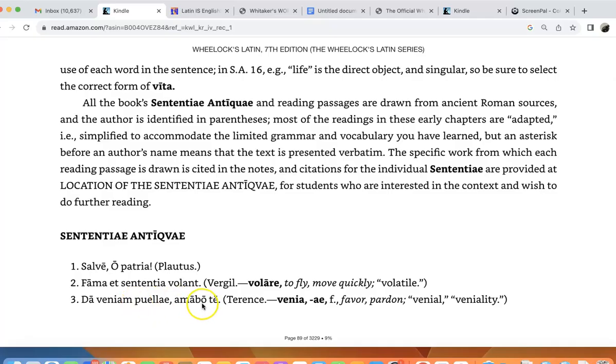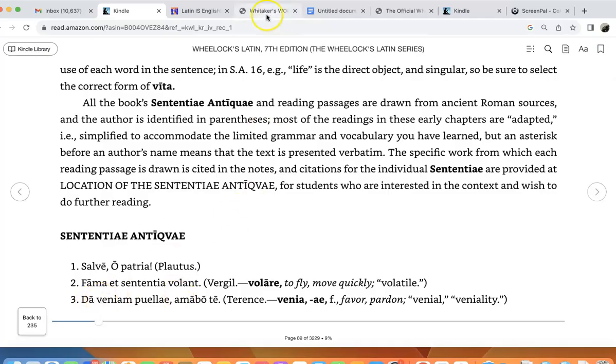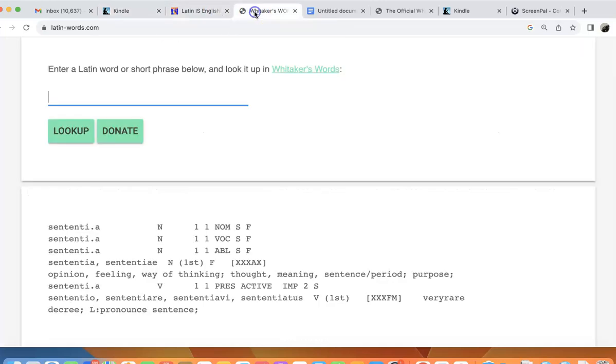Da veniam puellae amabo te. So here they help us out. Remember, amabo te means literally I will love you, but it means please. So anytime you see amabo te, just say please. We saw that in the last chapter. And then da is actually in the imperative. Now you had the imperative in the last chapter, but I can't remember if you had this verb or not.